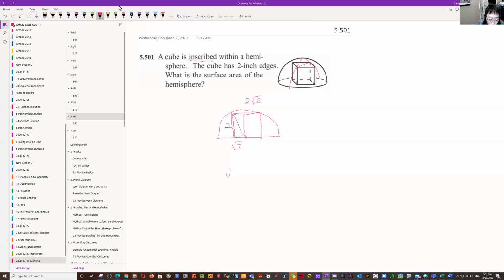So it's going to be the square root of the square root of 2 squared plus 2 squared, which is 2 plus 4, equals square root of 6. So the radius of this semi-sphere is going to be square root of 6.